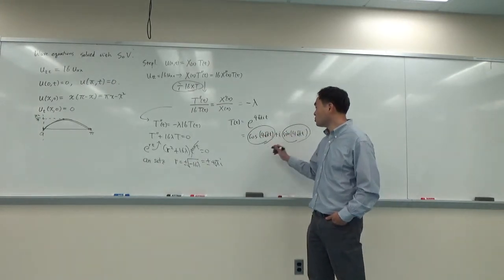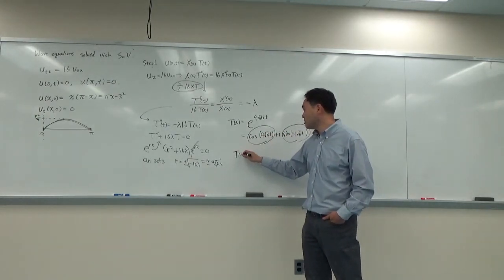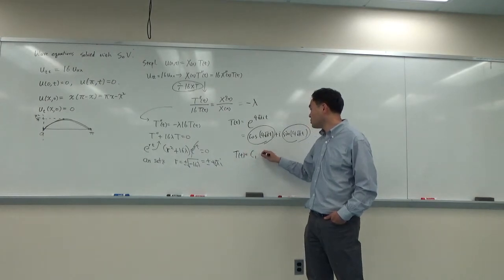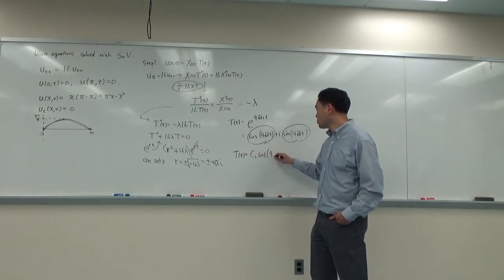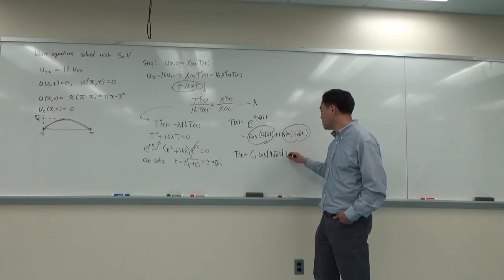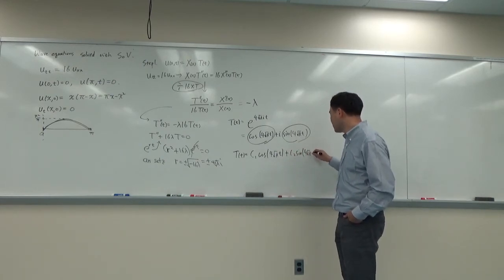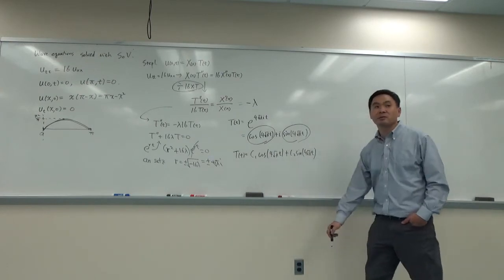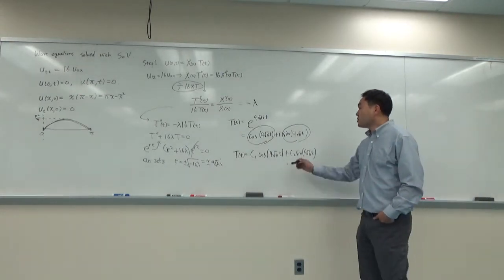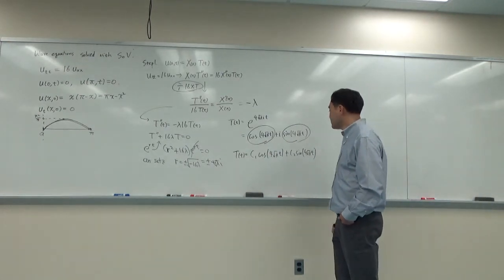So we get these solutions, and we say T(t) must be c1 times cosine 4 square root of lambda t plus c2 sine 4 square root of lambda t. Okay. All right, so we get that.